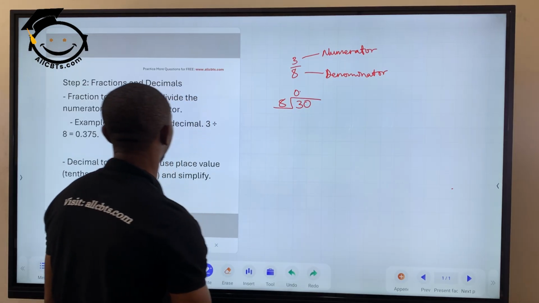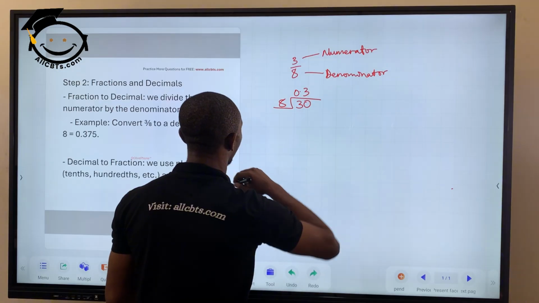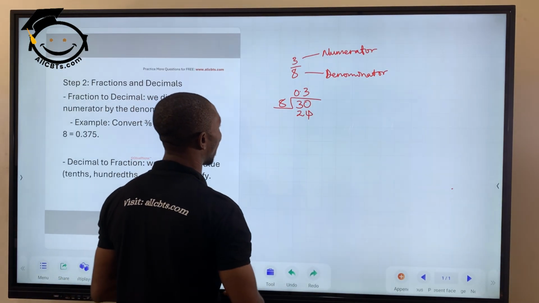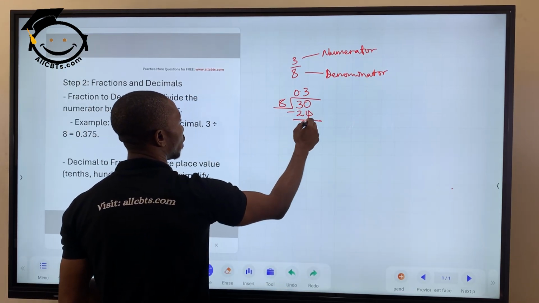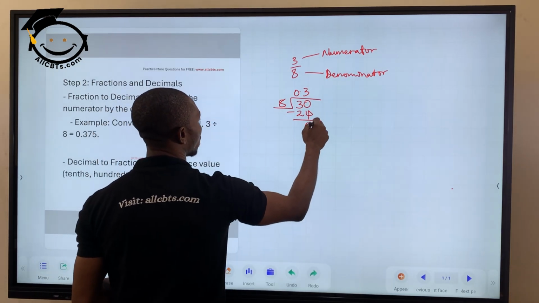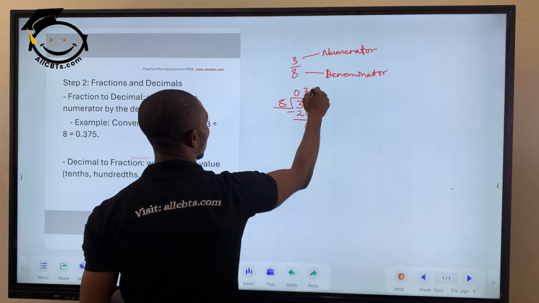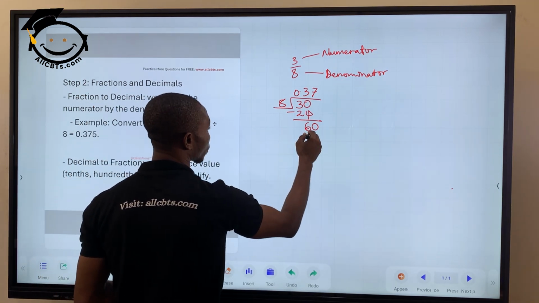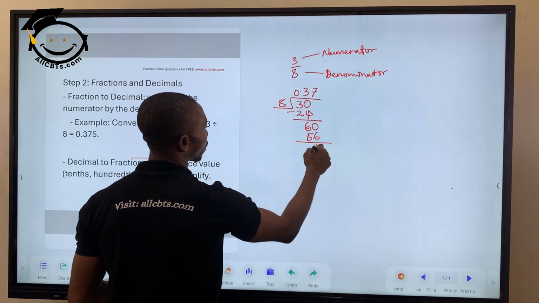Now, 8 into 30 will give us 3. 3 times 8 will give us 24. Now, 30 minus 24 will give us 6. 8 cannot go into 6, so we add 0. Now, 8 into 60 will give us 7. 7 times 8 gives us 56.